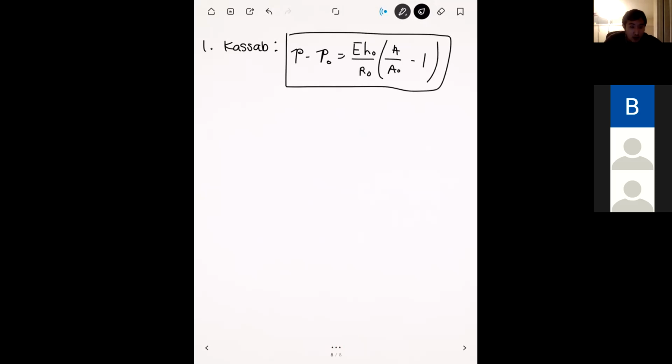Let's define some of these terms. P0 is the pressure in the reference state. E is the Young's modulus of the vessel wall.